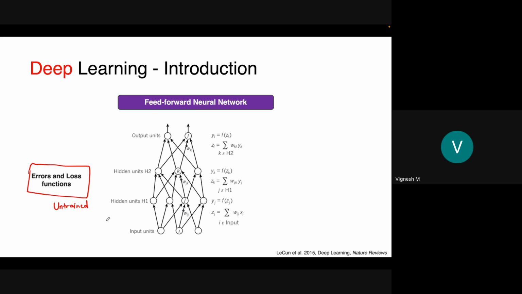So in some way, we need to say how far the network is away from what we actually want it to do. And in order to do that, we need some measure of an error or a loss. In some sense, we need to tell the network, oh, you are this far away from what you want to do, and how can I exactly do that?